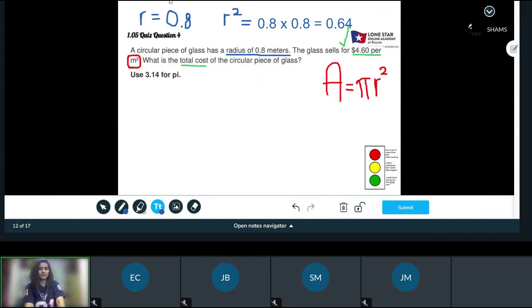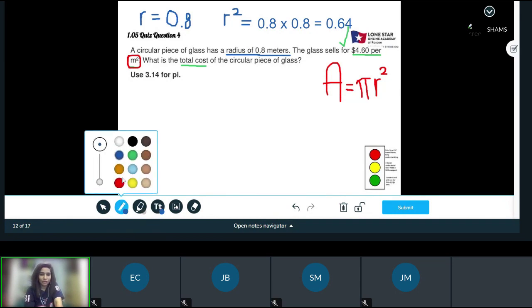You can slow the video down if you're watching the recording, multiply, and just make sure you got a similar answer. Jennifer, r squared, dear, r squared, 0.8 times 0.8, right? Then to find area, you will multiply that by 3.14.